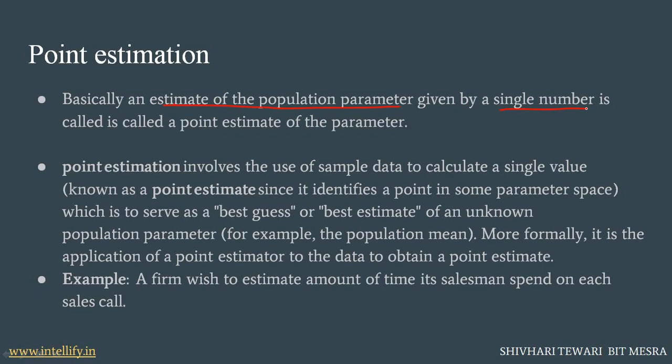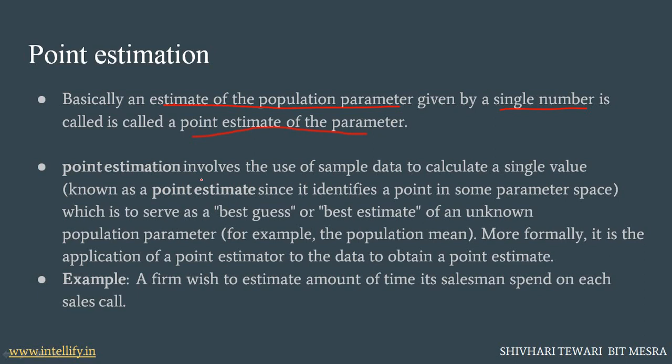Like in the previously discussed example, the average length of stay of the patient is not more than 5 days. Here 5 is that single number which estimates the whole population parameter, and it says that the average length of stay of a patient is either 5 days or less than 5 days, but not more than 5 days. This kind of estimate is known as a point estimate of the parameter.